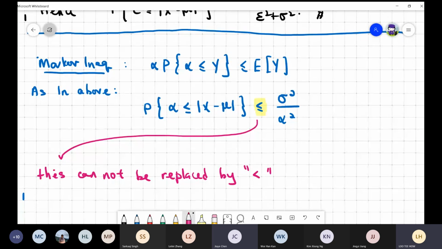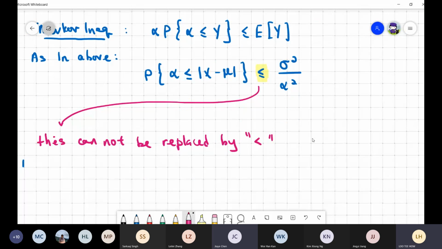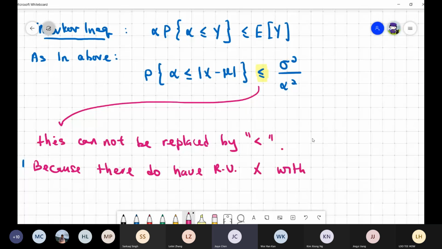Just to let you know, because we do have random variables x with equality holds. So that's why we cannot simply say this is strictly greater. Of course, in certain cases we can have a strictly greater case. However, we can have some random variable such that this equality holds. So that is the purpose for it.